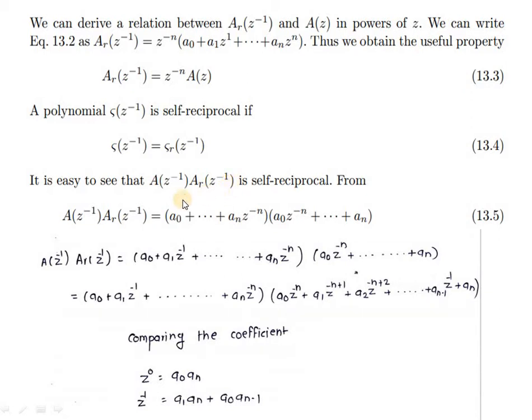The second approach is we have to multiply this polynomial a with the reverse polynomial, and we have to multiply these two brackets. This bracket is for the polynomial a of z raised to minus 1, and this bracket is for a_r of z raised to minus 1. This a and a_r were taken previously.